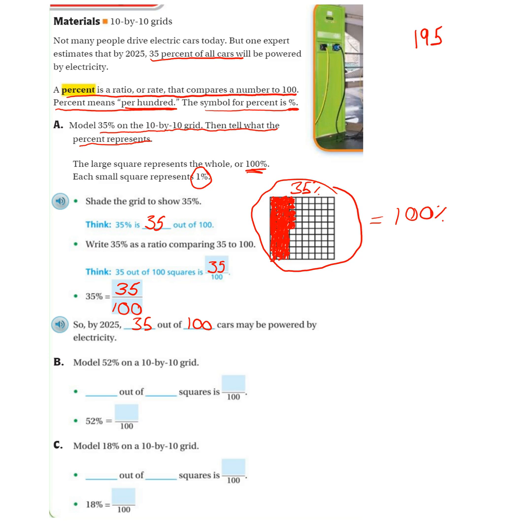All right, let's go on to B. Model 52% on the 10 by 10 grid. Okay, so this was 35. If I finish shading this out, that's going to be 40, because I have 4 rows, 1, 2, 3, 4. That's 40. I need 52, so 40 plus another 10 would be 50.